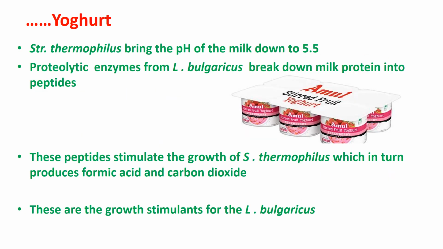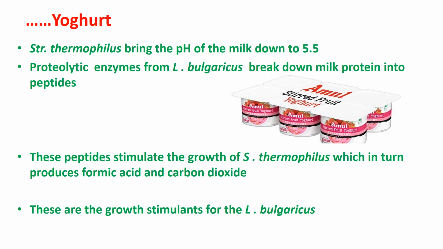Here in yogurt we will understand how these two specific organisms grow together in a symbiotic manner. Firstly, Streptococcus thermophilus with its growth brings down the pH of milk to 5.5, and at this pH it is suitable for the growth of Lactobacillus bulgaricus, which produces proteolytic enzymes. These proteolytic enzymes cause proteolysis of milk protein and peptides are formed.